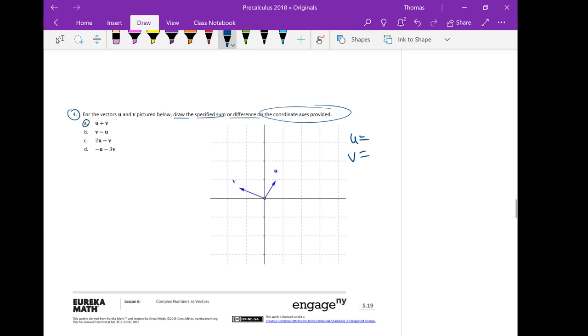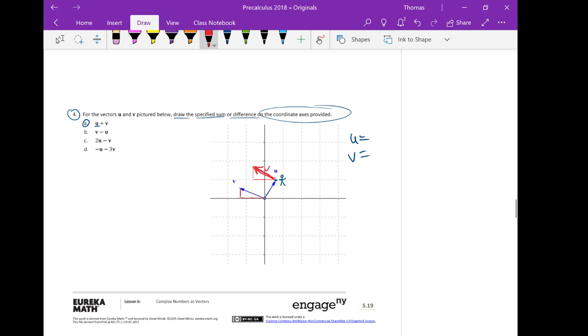A is u plus v. So that's saying do u. I'm going to follow along u, right here to the end. And then it says do v. Well, v says kind of go left and then up a little bit. So left more than 1 unit and up maybe like half a unit. So that to me looks like it would be a v right there.